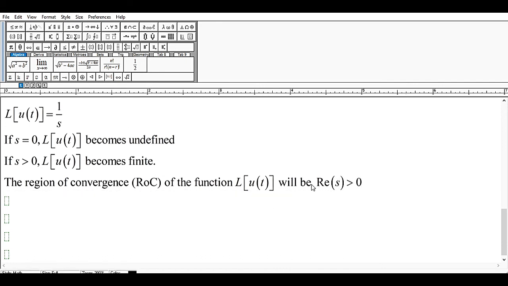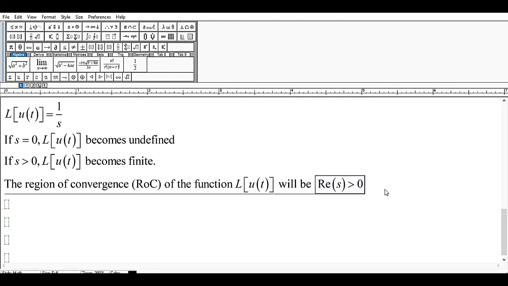That means if this condition is maintained, that real of s is greater than 0, then in this region the value of the function will be finite.